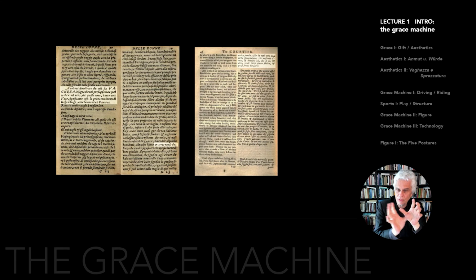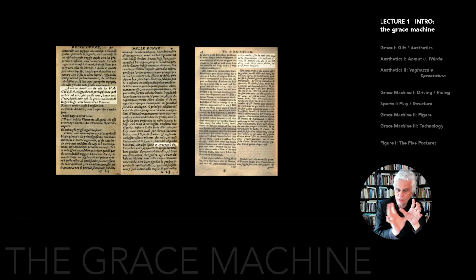There's a really beautiful piece of writing by Firenzuola, who says, look, we find the word vaghi in Boccaccio and in Petrarca and Fiammetta, and it means not just vagueness, it also means charm, and it means movement, like the word vagabond, right, or vague in French, vague as a wave. So you get these much more complex terminologies being related to the word vaghezza in opposition to the word sprezzatura.